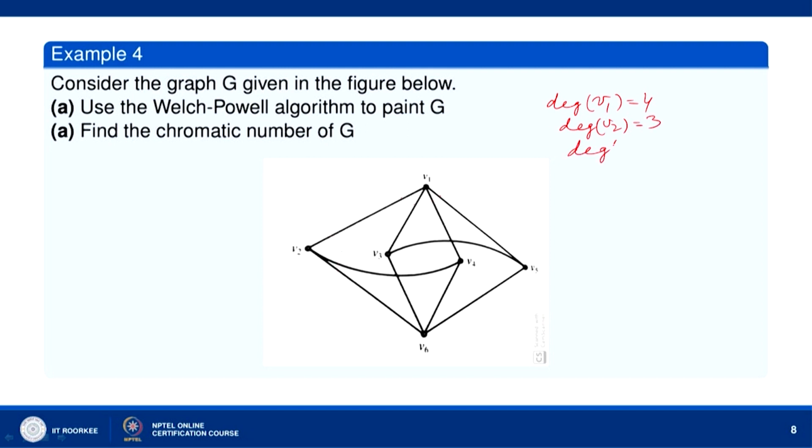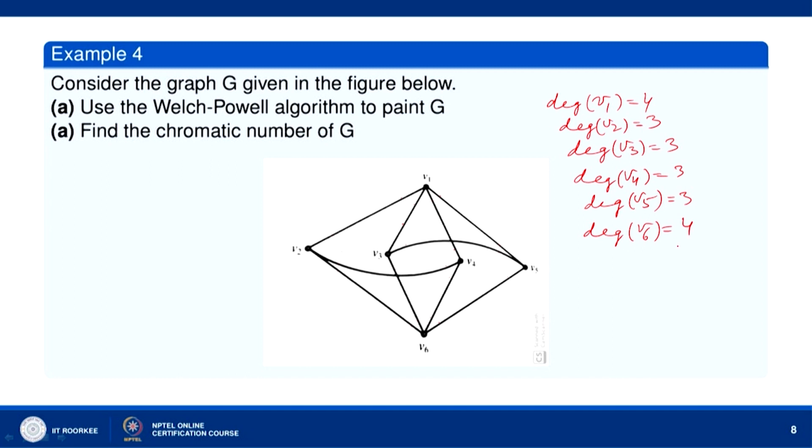Degree of B3: 1, 2, 3. Degree of B4: 1, 2, 3. Degree of B5: 1, 2, 3. Degree of B6: 1, 2, 3, 4.